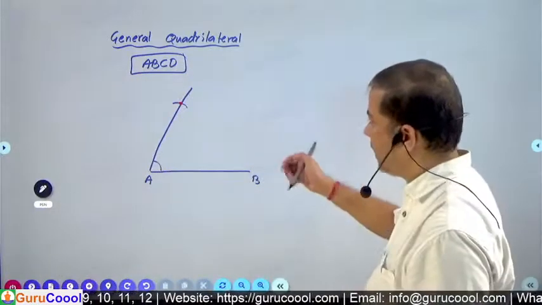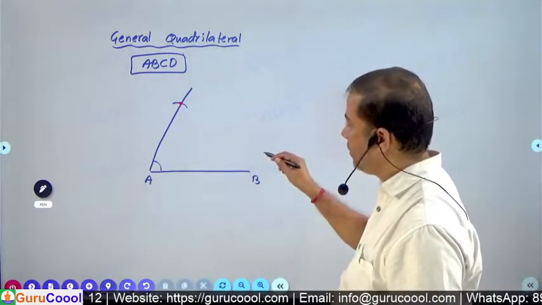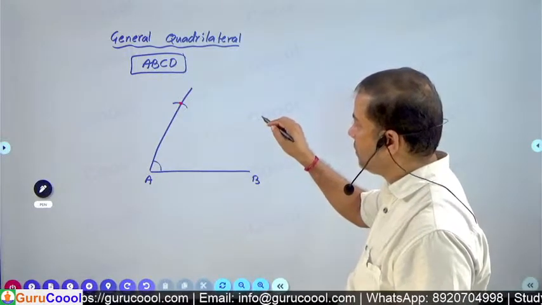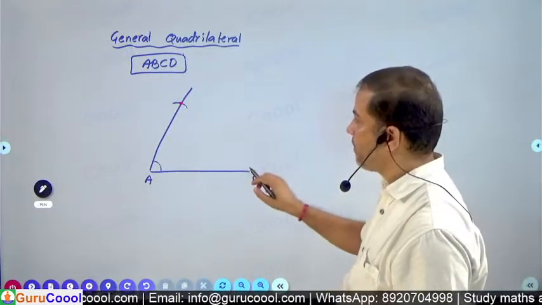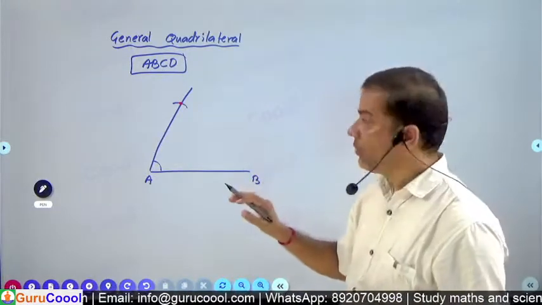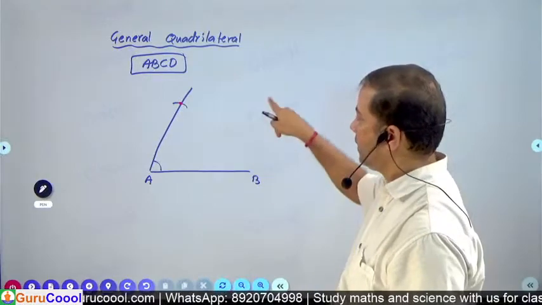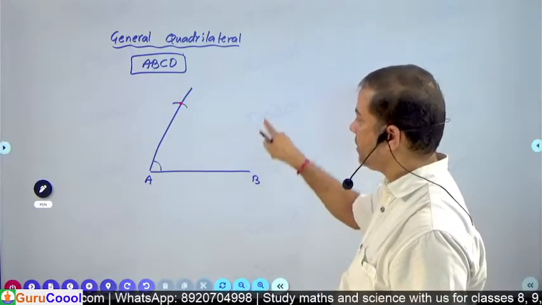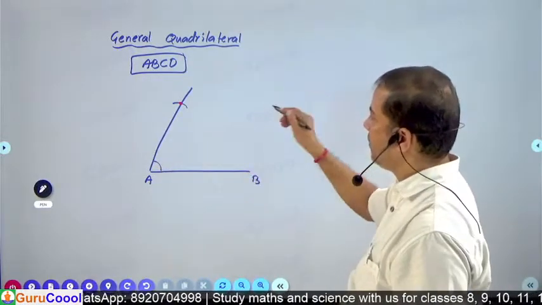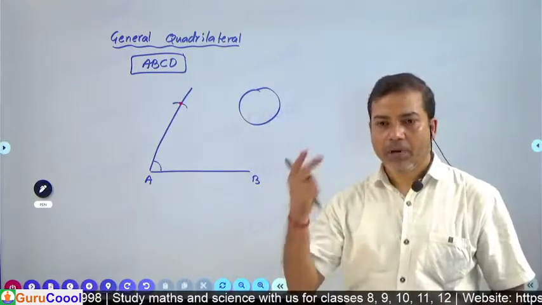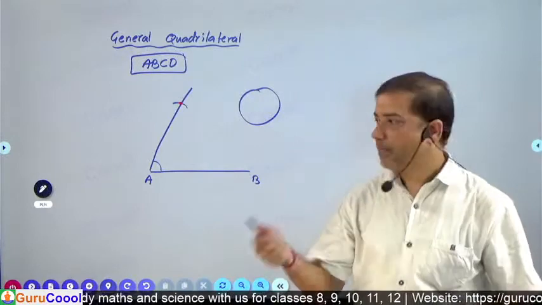To get that one, either you need these two angles, or you need measurement of this side and this side, or you need this side and diagonal, because this missing information can be found by at least two pieces of information.